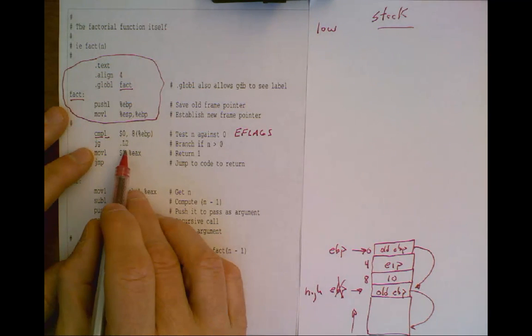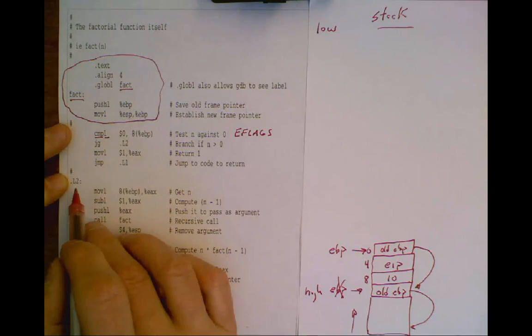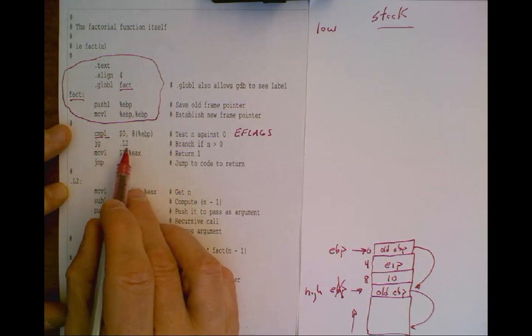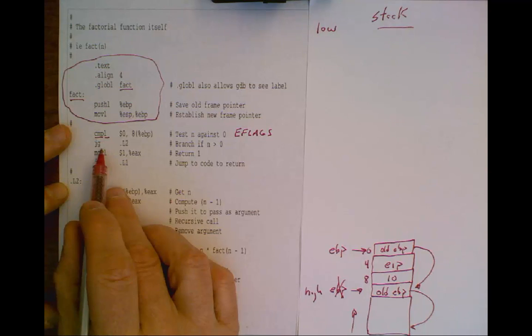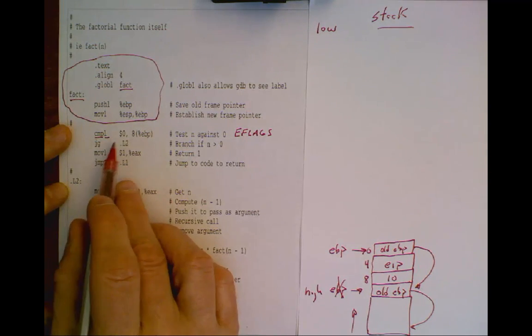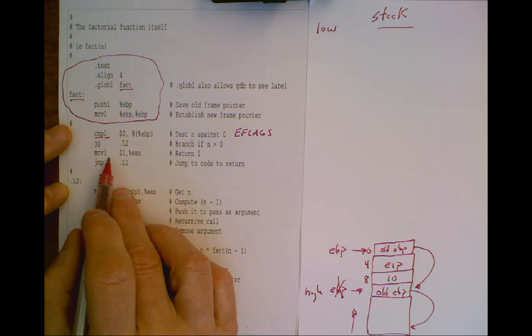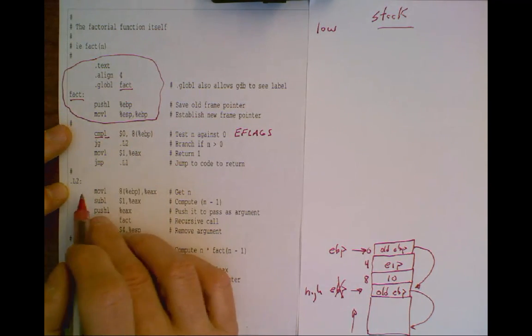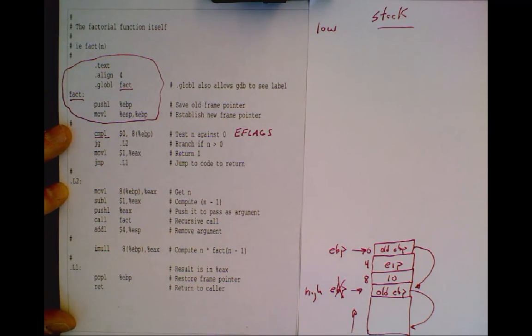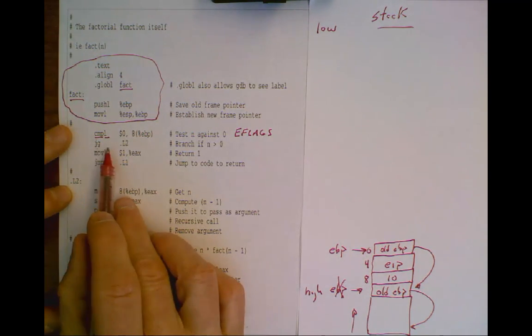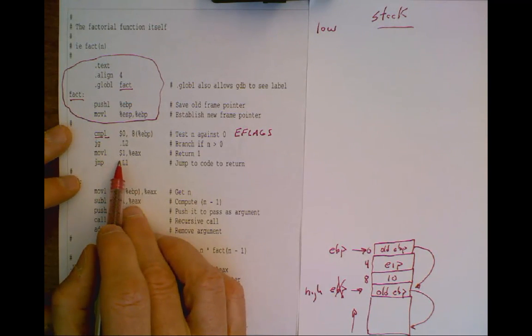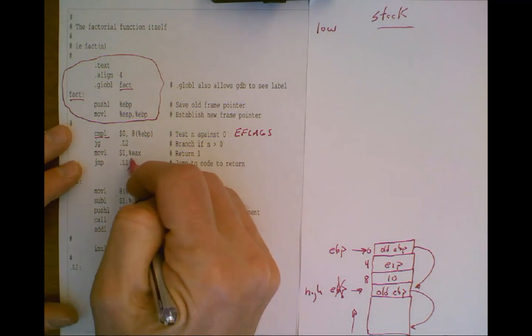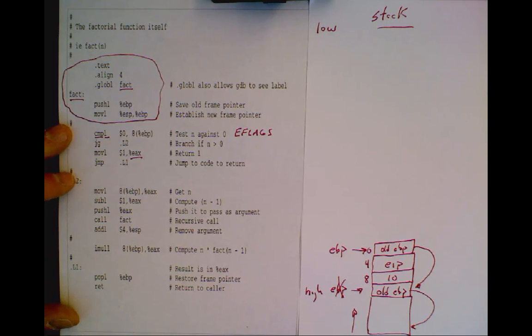And if it is greater than, in other words, the base case of the recursion is not present, we jump to label L2. So this is a jump greater than to L2. So if the value compared was greater than, then we're jumping off to L2. Okay. If it was not greater than, though, then it's a move long of $1 into EAX. Remember, EAX is the return register.